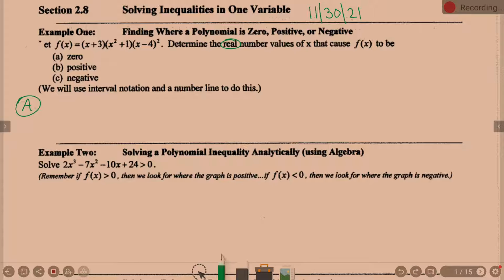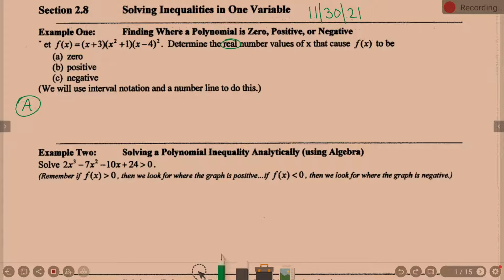Oh, 1, negative 1, and 4. I partially agree. The 4's right. Okay, so where are these answers coming from? You guys are throwing out some answers. Where are they coming from?